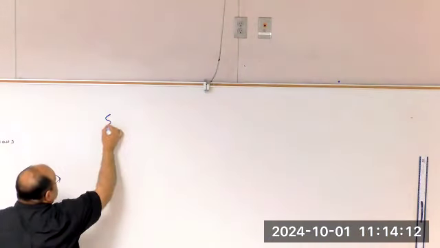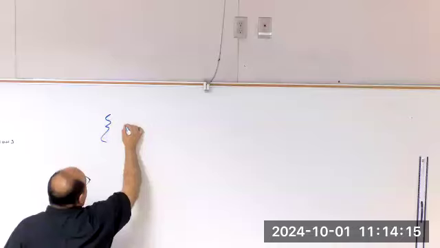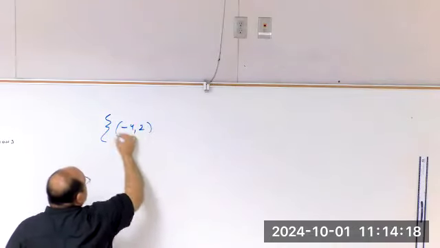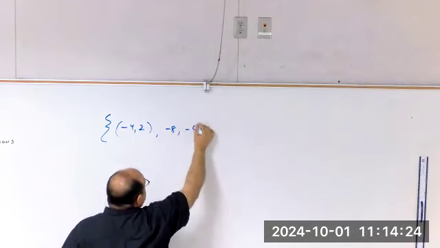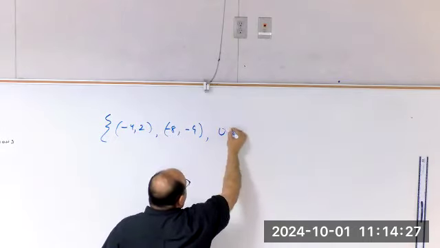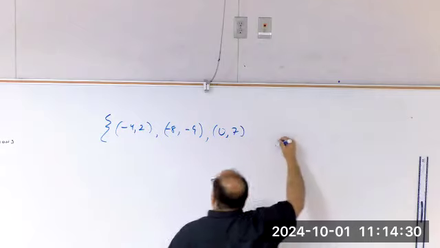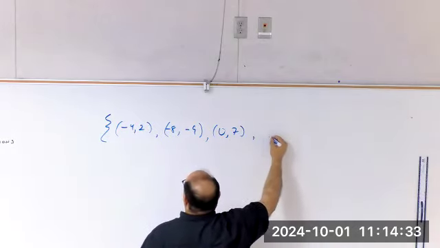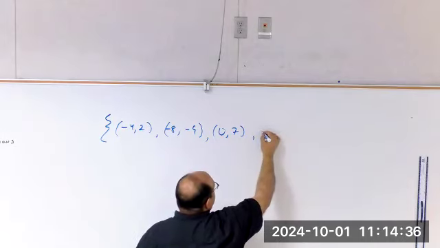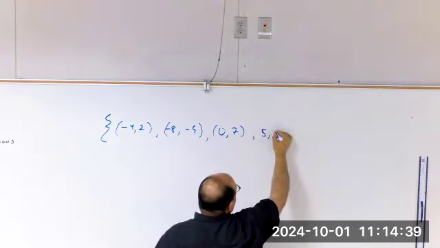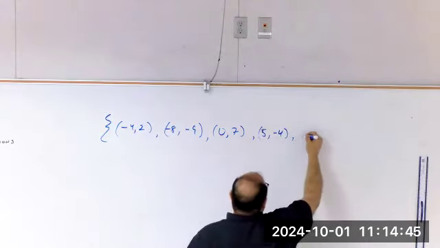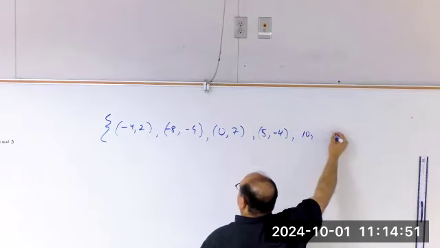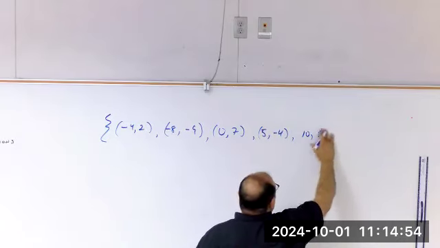Here is a set of ordered pairs. Let's go -4, 2; -8, -9; I'm just making up some numbers. 0, 7; 5, -4; and let's do this, 10, not 10 negative.